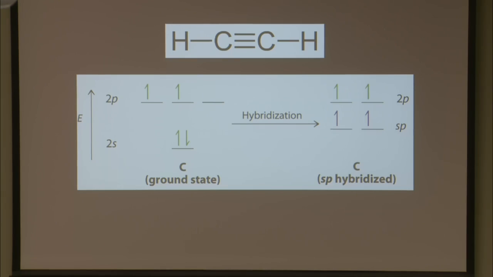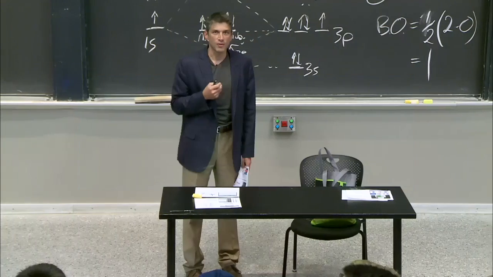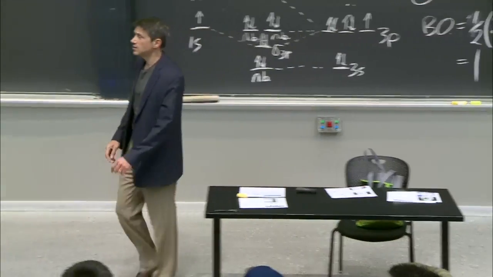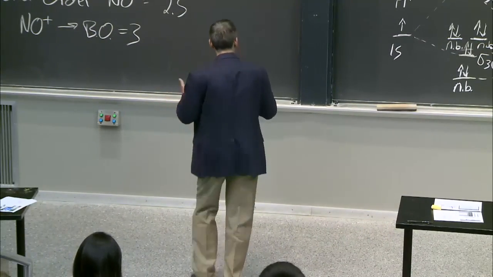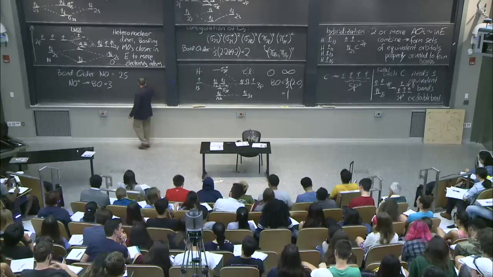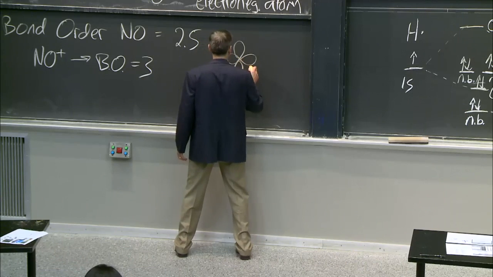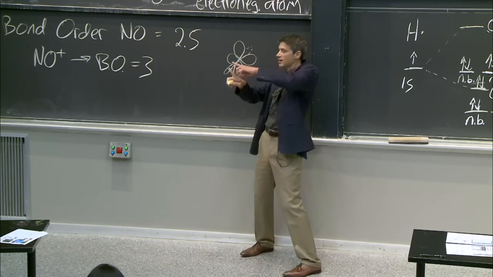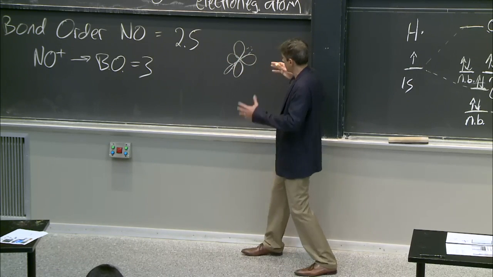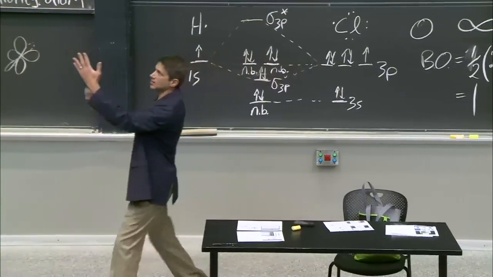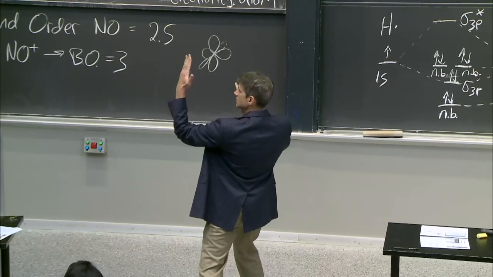But notice that in C2H2, now I've got 2 p orbitals left over on each carbon atom. And you know this already, right? When we talked about p orbitals, we talked about how they're orthogonal, one coming out of the plane and into the plane. 2 of them are coming at the other atom, one like this and the other like that.